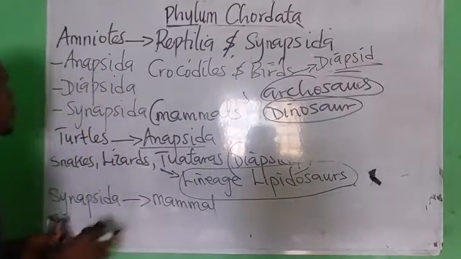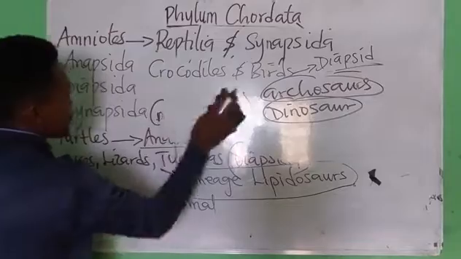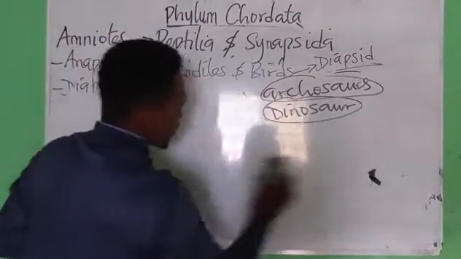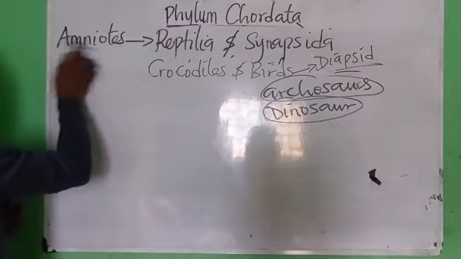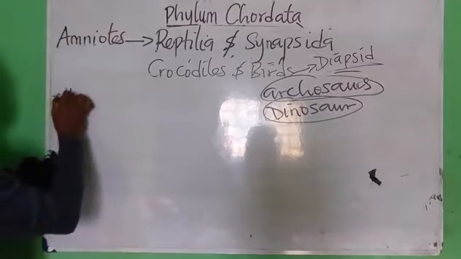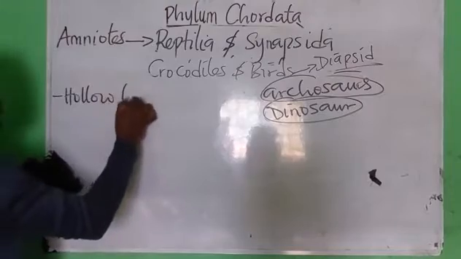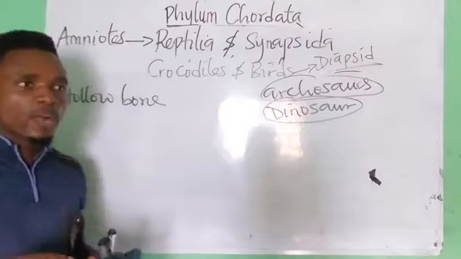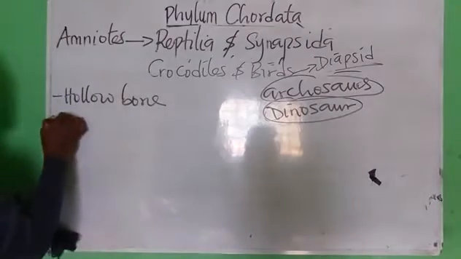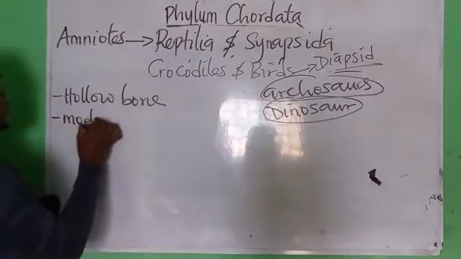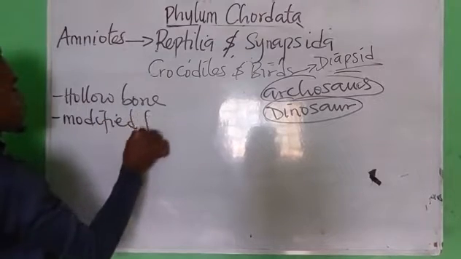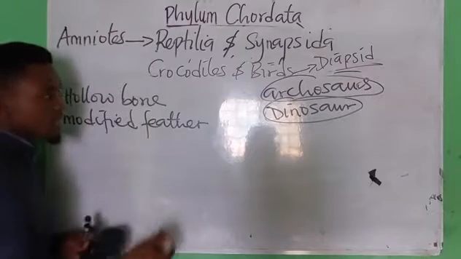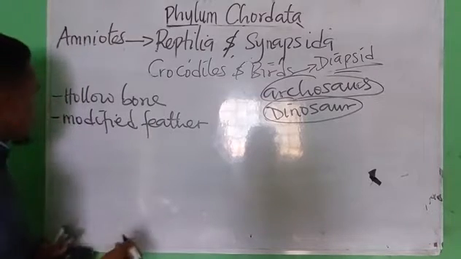Now, what are the features of birds, which are aves? Birds are also called aves. Of course, they have hollow bones, which permit efficient flight, and they have well-modified feathers for flight.